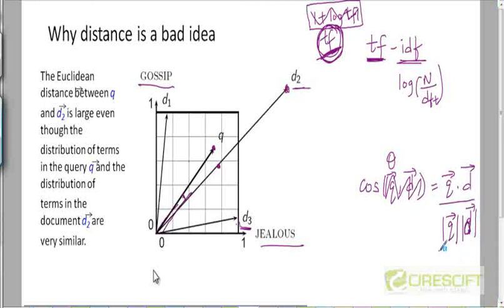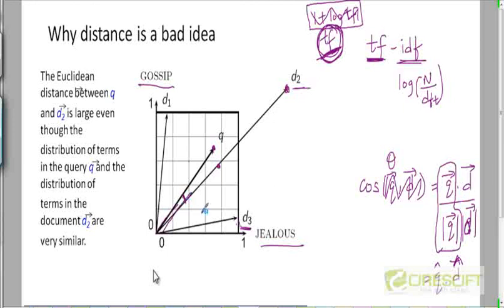So we can take this magnitude and combine it with this vector, and that will become the unit vector in the direction of Q. Likewise, this vector d divided by the magnitude of d is just the unit vector in the direction of d. So you could either do the normalization, or you could first take the dot product and then divide that dot product by the product of the magnitudes. It doesn't matter which way you do it.